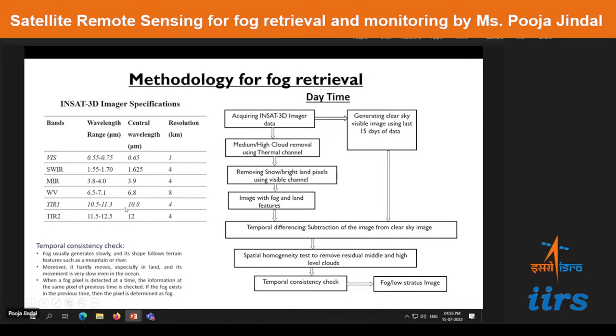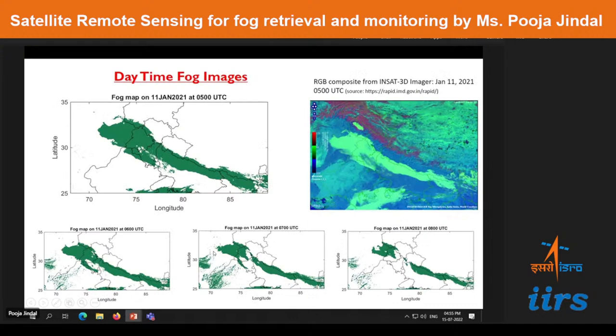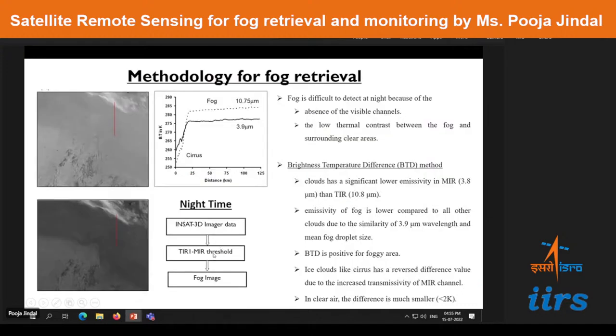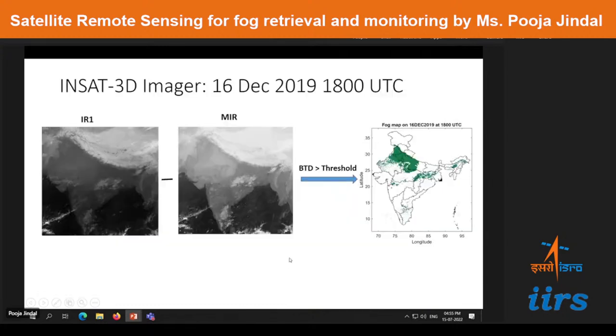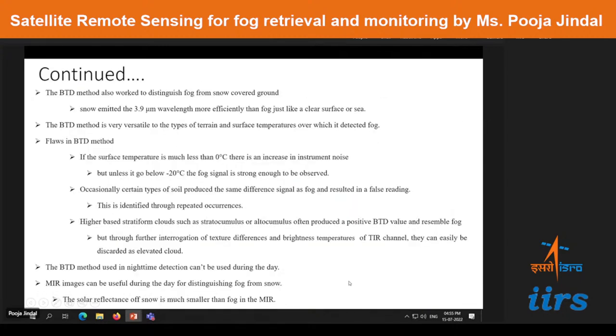We don't have any solar contribution in the thermal channel during the daytime, but we do have the solar contribution in the mid-IR channel during the daytime. Therefore, the nighttime methodology cannot be used during the daytime. So we have a different methodology. Daytime methodology cannot be used during the nighttime, and nighttime methodology cannot be used during the daytime.